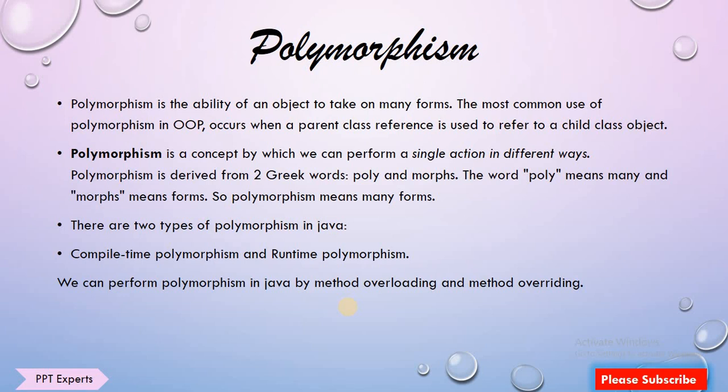The word poly means many and morphs means forms. So polymorphism means many forms. There are 2 types of polymorphism in Java: compile time polymorphism and runtime polymorphism. We can perform polymorphism in Java by method overloading and method overriding.